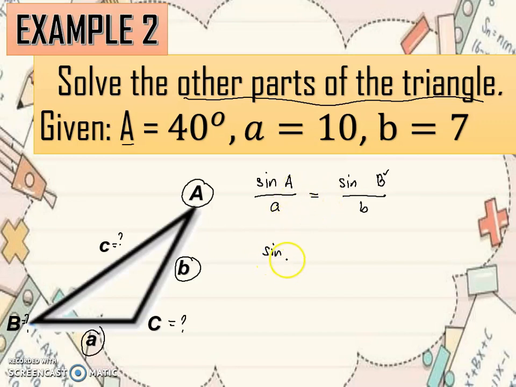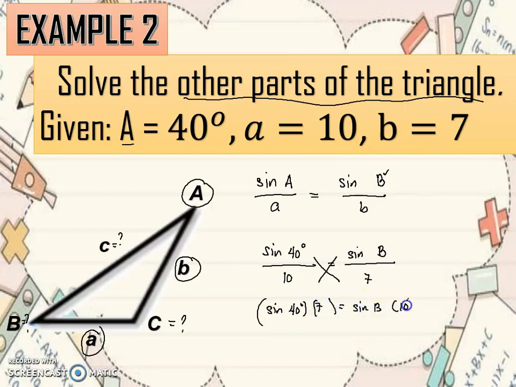Sine A is 40 degrees, side A is 10, and B is what we are looking for, and side B is 7. Then you're going to cross multiply. So sine 40 degrees times 7, and sine B times 10.